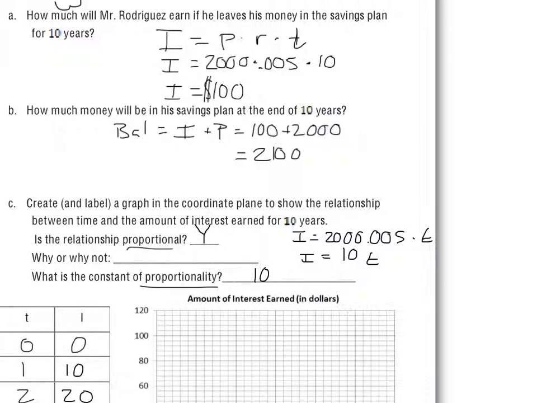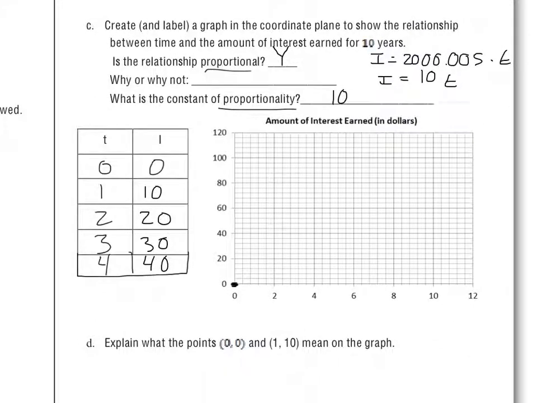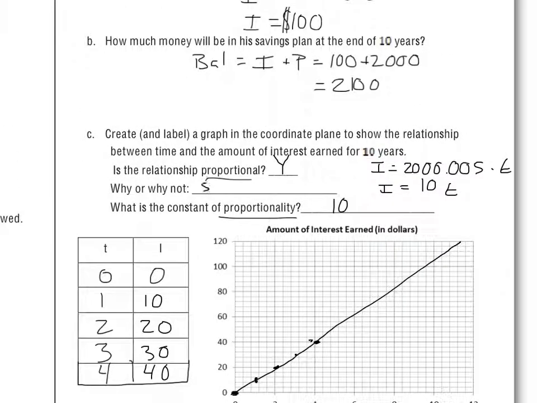Yes. And we know that because as we graph this, 1 is going to be halfway between 10 to 20, 3, 30, 4, 40. We see that it is a straight line through the origin. So remember, that was our graphical way: a straight line through 0, 0.